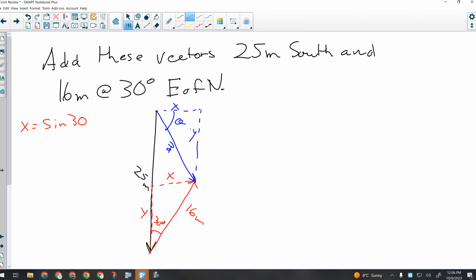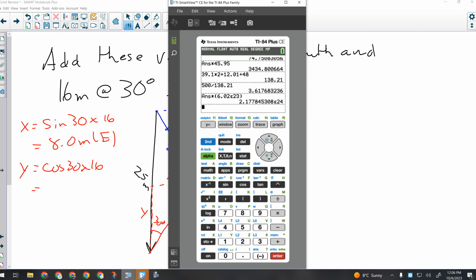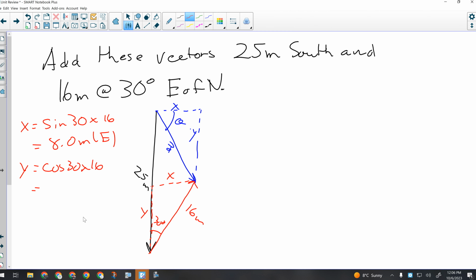Since red x is the opposite side of that triangle, it would be the sine of 30 times 16, which is 8.0 meters east. The y component would be the cos of 30 times 16, and that's 13.856 meters north.